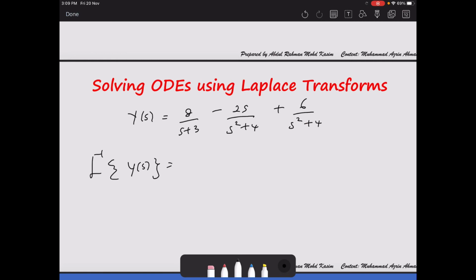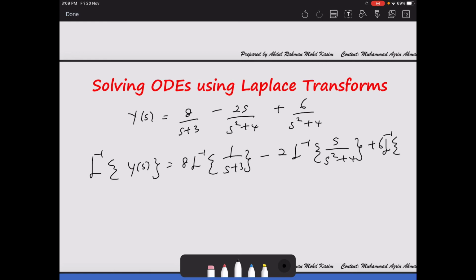Here I have 8, I inverse this one: 1 over s plus 3. Then minus 2, I inverse it: s over s squared plus 4. Then plus 6, I inverse it: 1 over s squared plus 4.